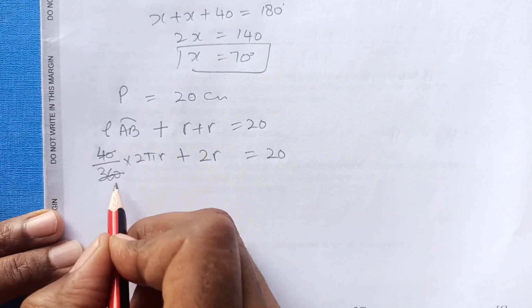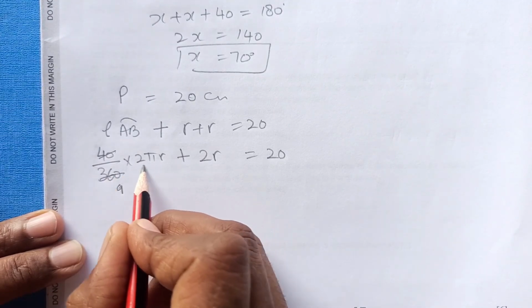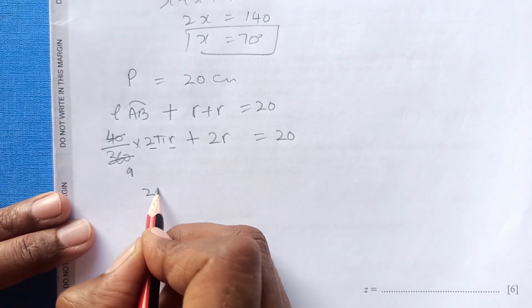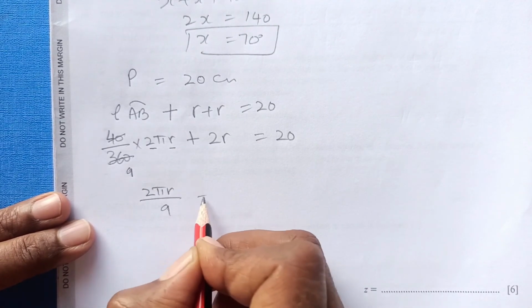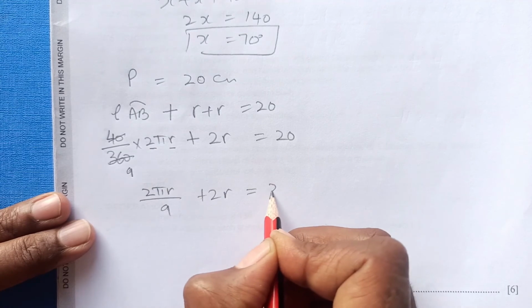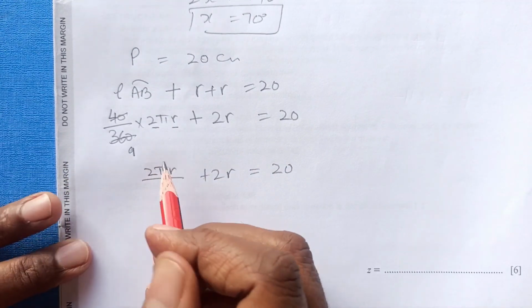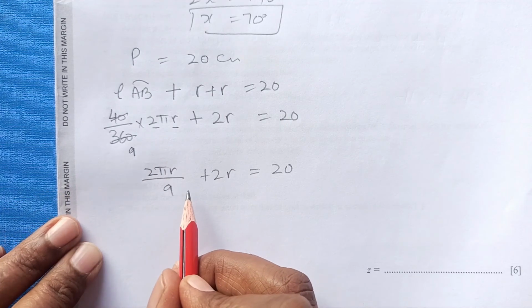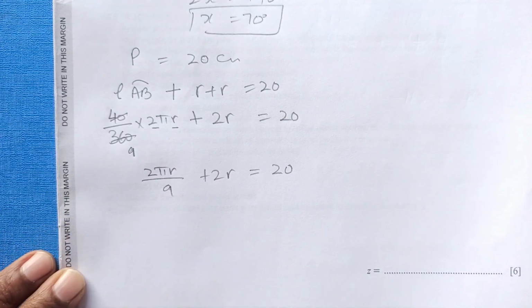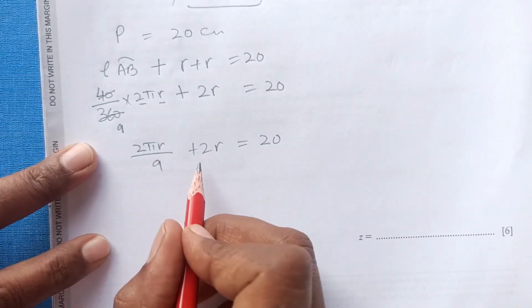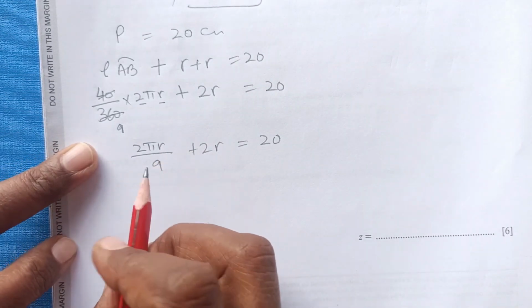So 40 over 360 is 1 over 9. Let me write it down again: 2 pi r over 9 plus 2r equals 20, right? Now we can take r common to make r the subject.